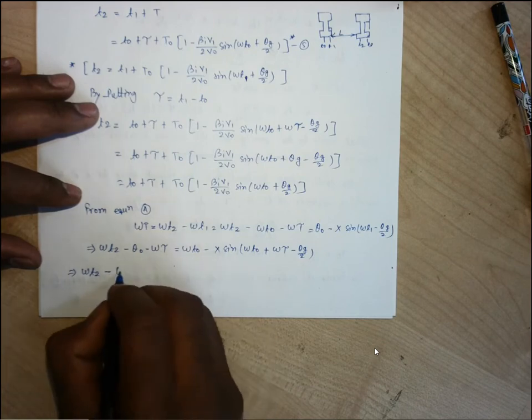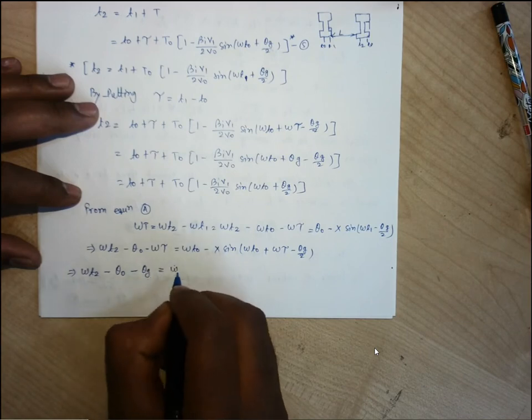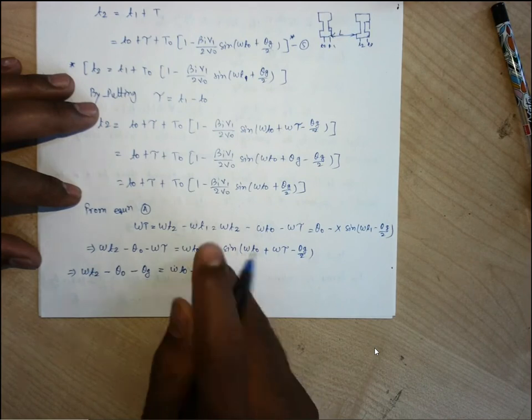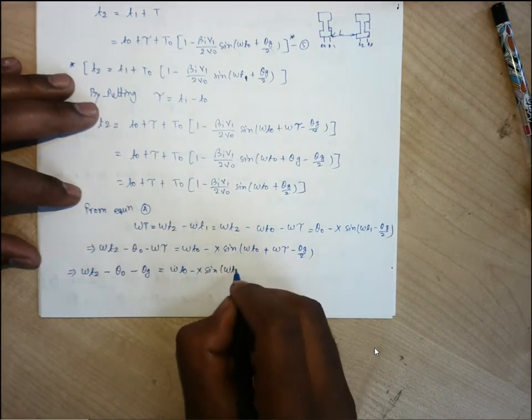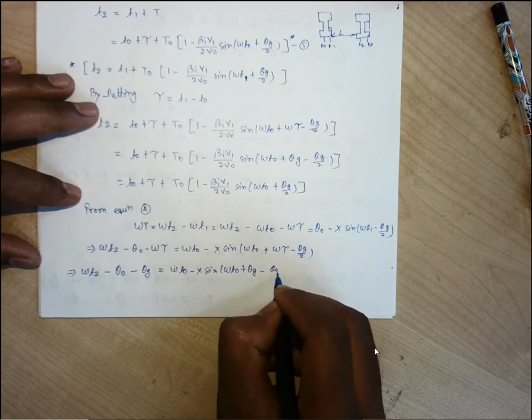So this one is theta naught minus theta g, omega t naught minus x sin of omega t naught plus theta g minus theta g by 2.